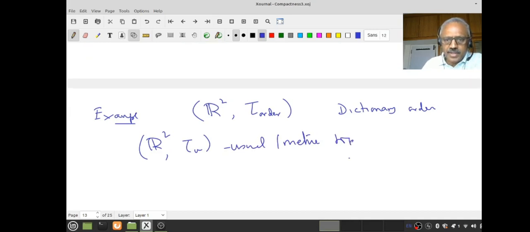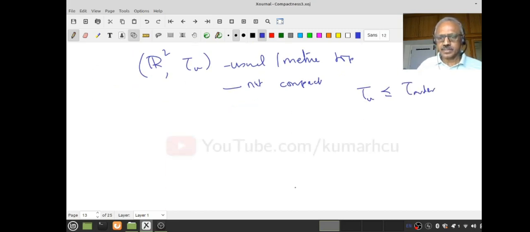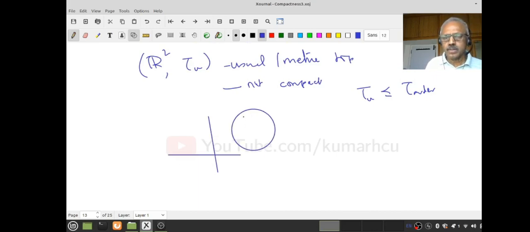Okay, and what you have shown is that this is not compact, right? But we also know, we have seen in the order topology video, that tau_u is coarser than tau_order. For example, if you take the basic open sets in tau_u, they are of this form, open balls. But if you take a point, any of these things, these are the basic open sets in the order topology.